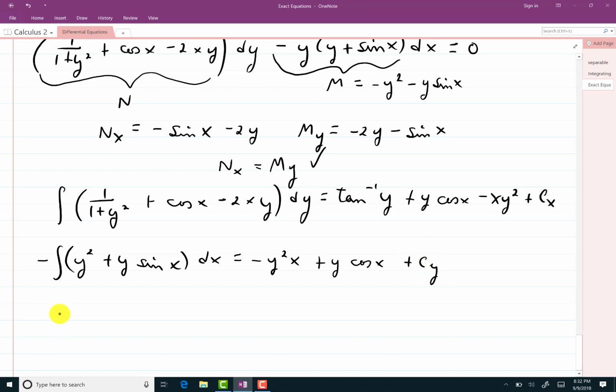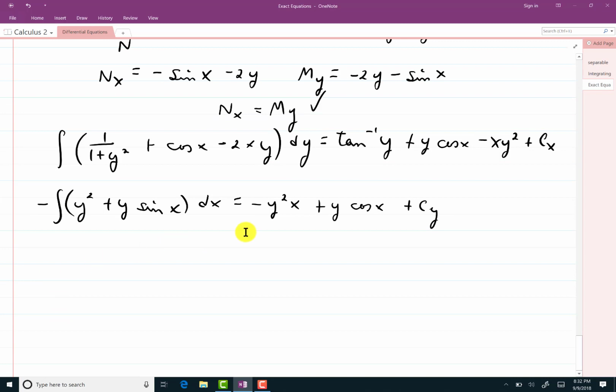So let's see if we can find all of our parts. Arctangent of y has only y alone. I should see a y cosine of x in both pieces and an xy squared in both pieces. So this part right here is the same as this part right here. So my answer is going to be negative xy squared plus y cosine of x.